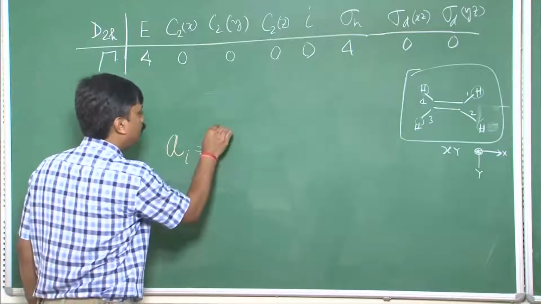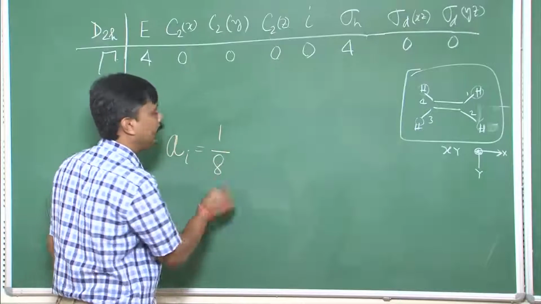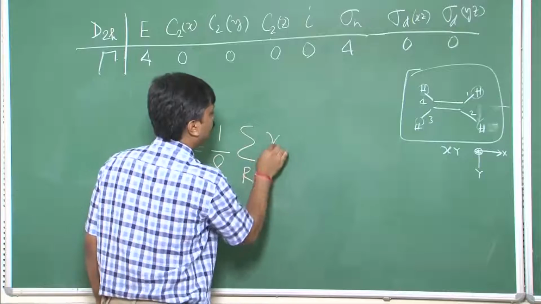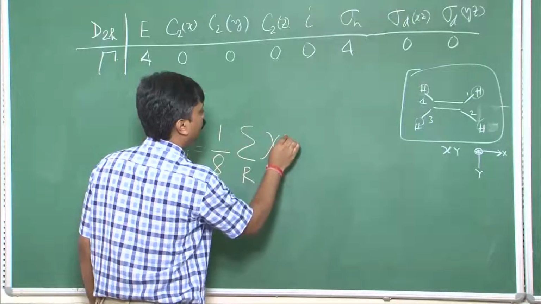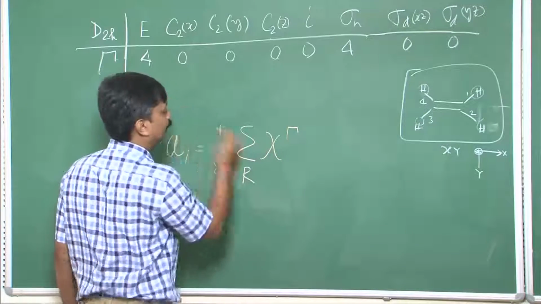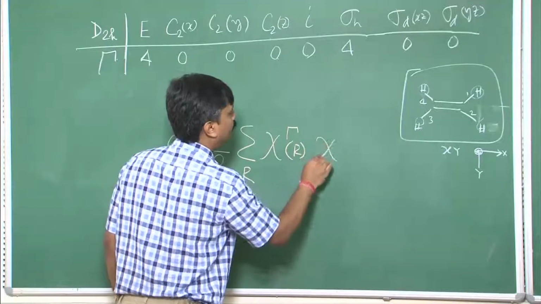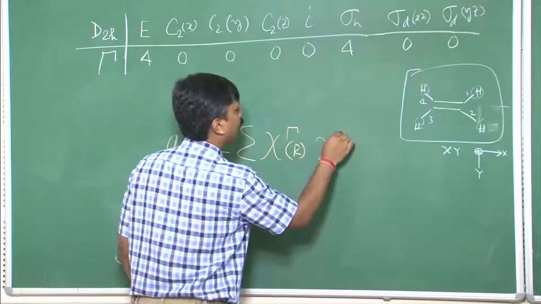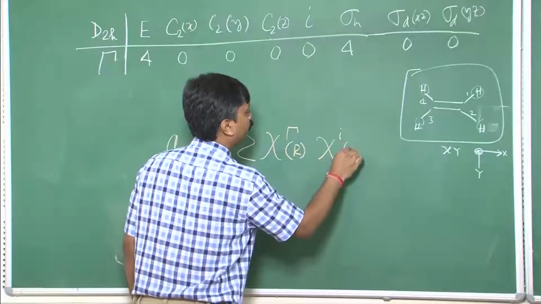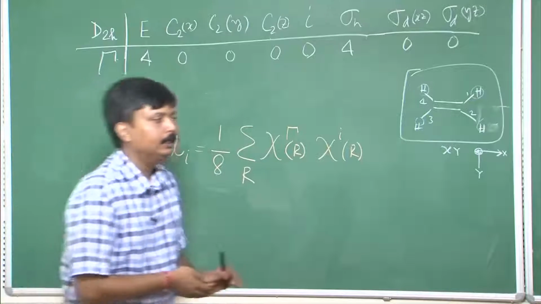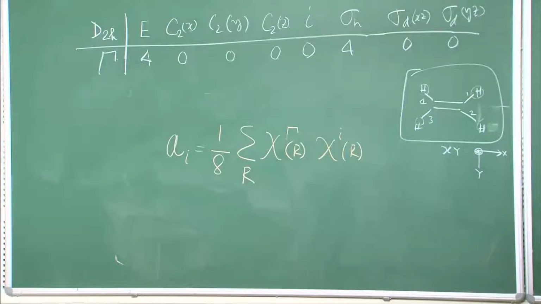So here it will be 1 by 8 sum over r of chi of this gamma, which we have named gamma for each r, and then chi of the particular i for that particular operation. Use this formula and get the irreducible representations contained within the representation gamma that we formed.